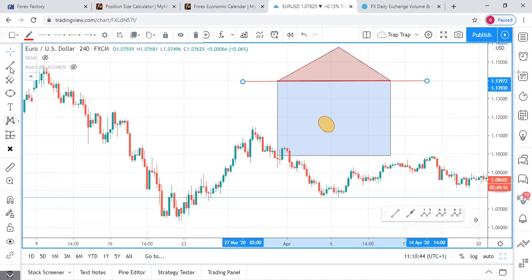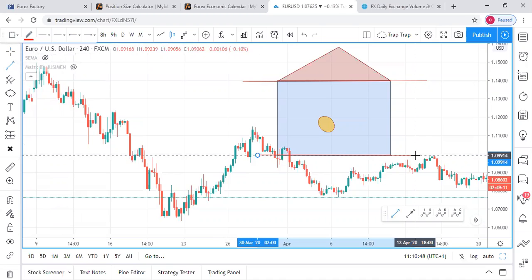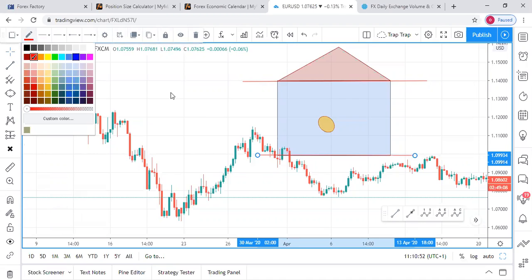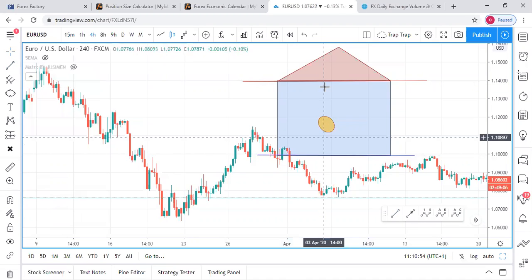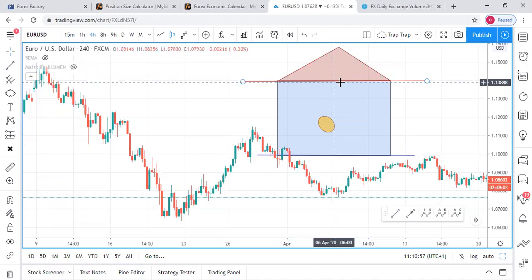Then this, I give it a blue color. Right? So it's like when the ball gets to the roof, what happens? It is rejected downwards. This roof becomes a resistance.